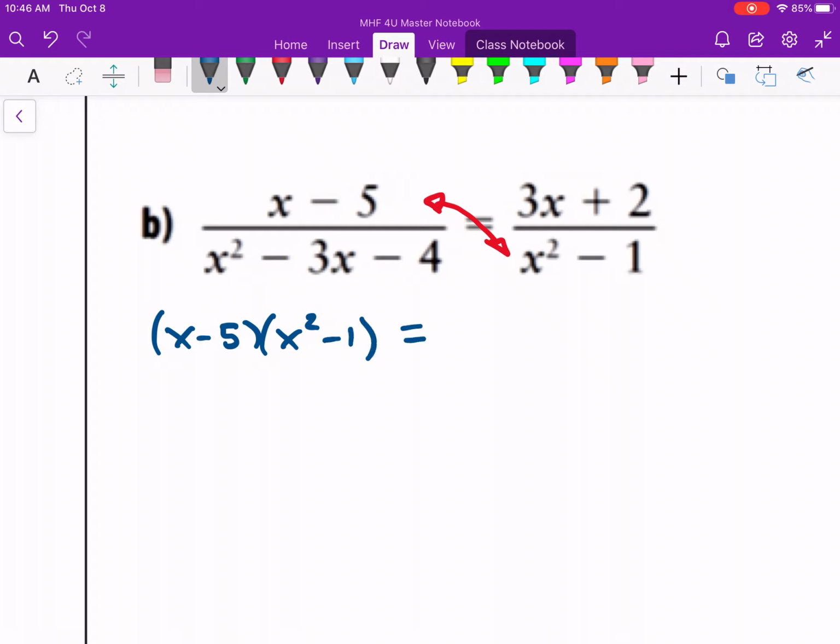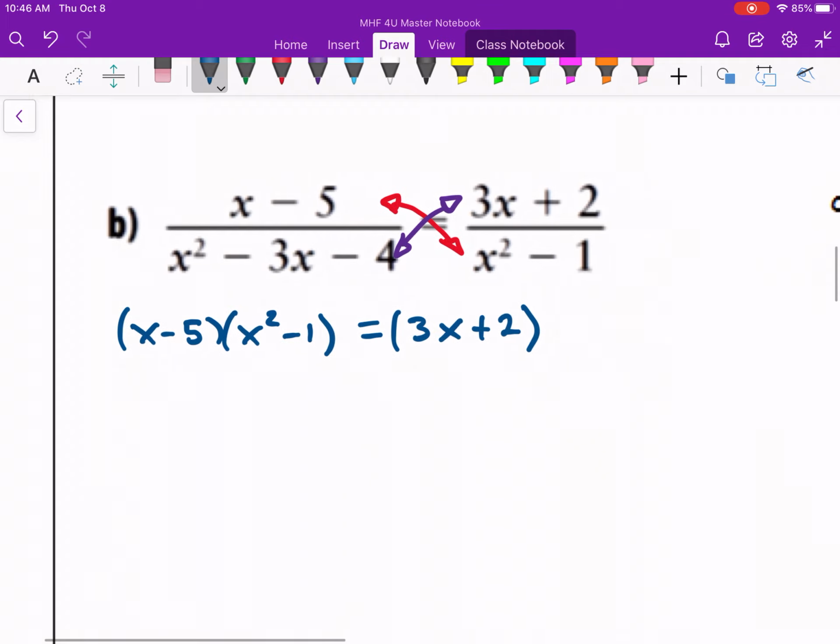And then on the other side of the equal sign, it doesn't matter, but I like to put the smaller terms out front. So I'll put the 3, it's just a binomial, so the smaller polynomial out front, and then put the trinomial after it. It just makes more sense when I go to multiply it later.